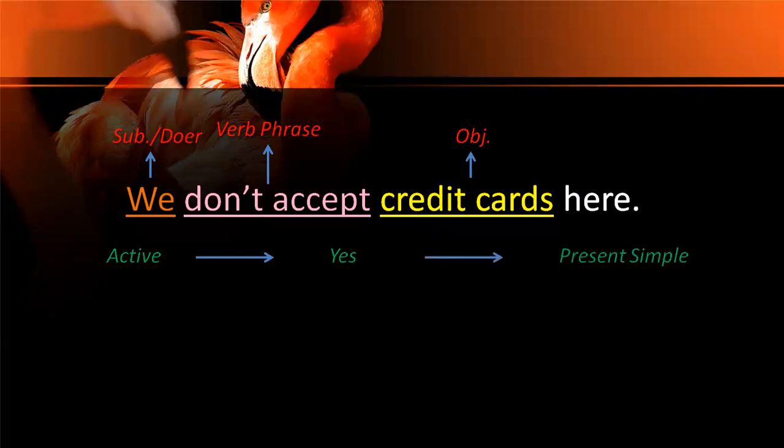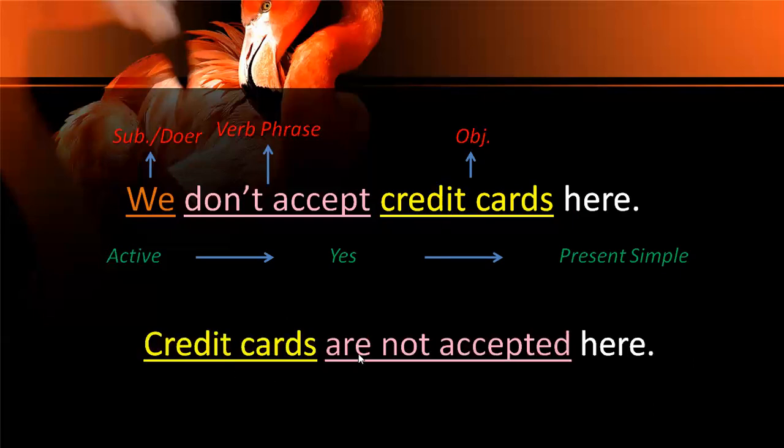Now, how do we change it into a passive? Again, the main focus would be on credit cards, and we, the doer, should be omitted. So the sentence should begin with credit cards. Then credit cards are not, remember that it is negative, not. So are not accepted here. You may ask yourself where this do has vanished.